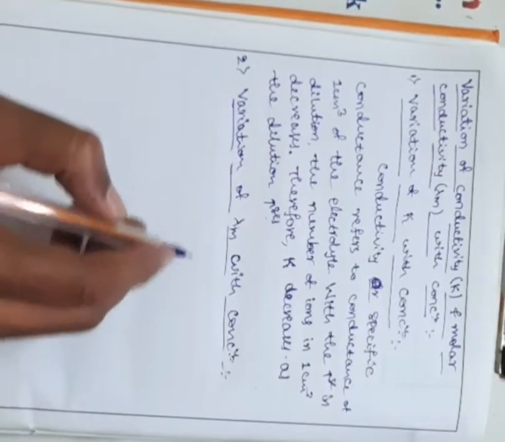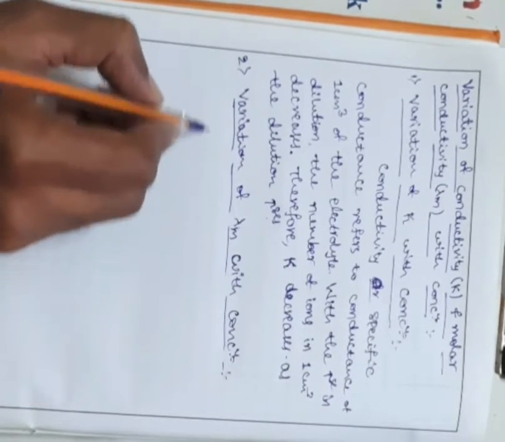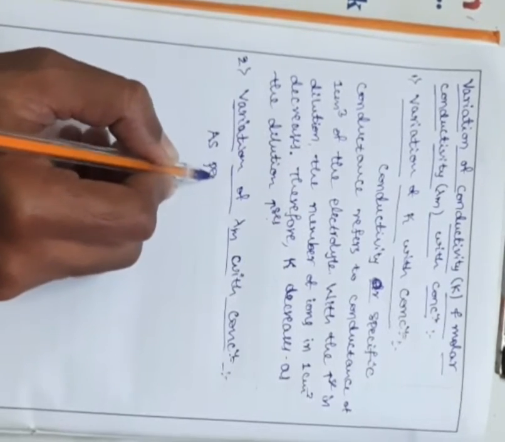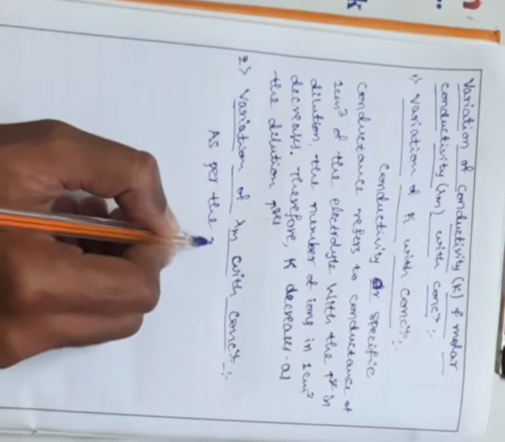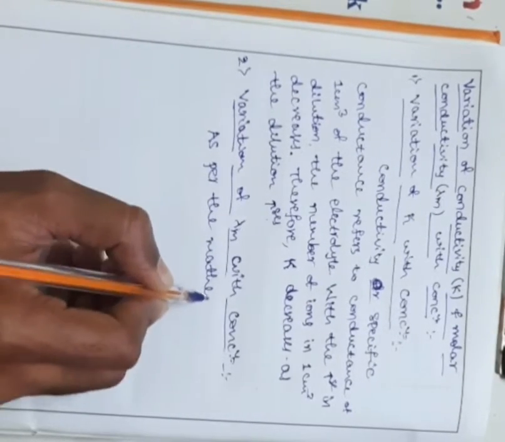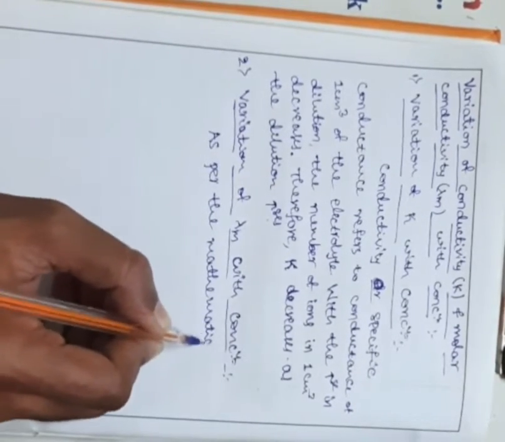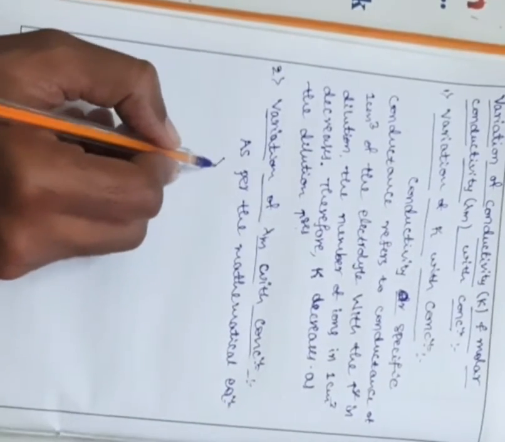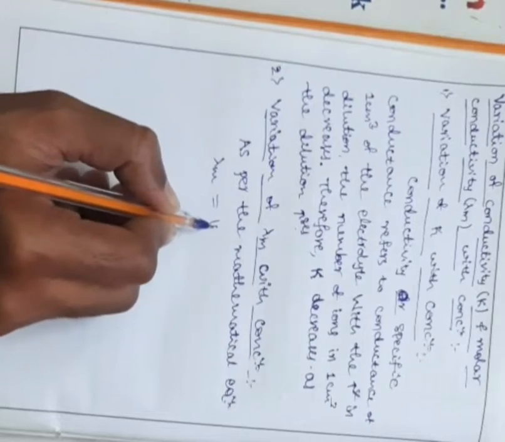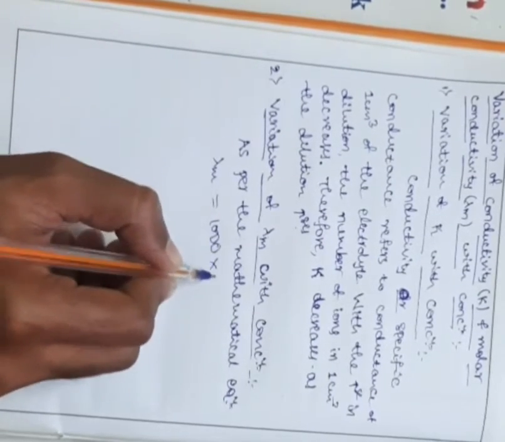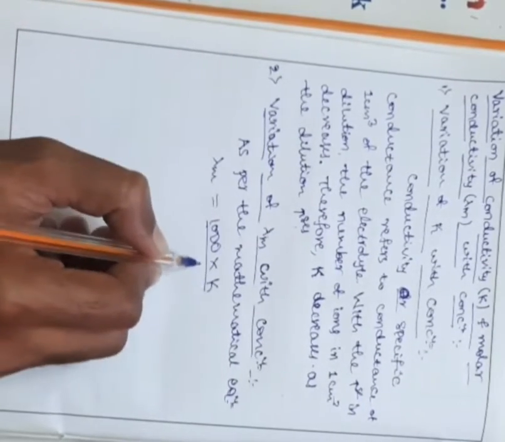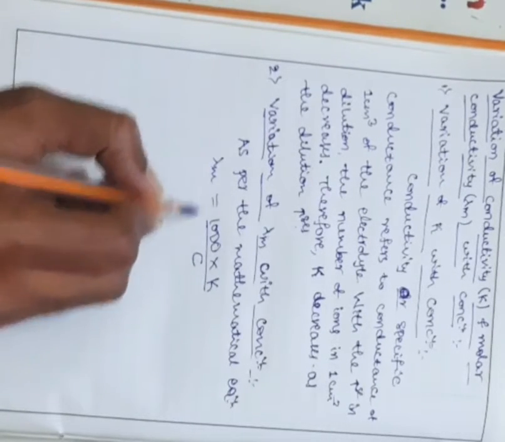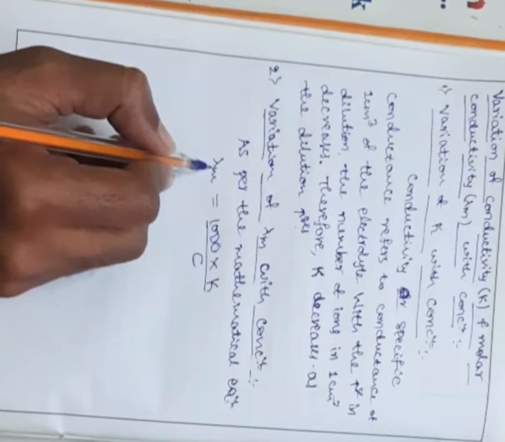As per the relation, the mathematical equation is lambda m equals 1000 times the specific conductance divided by C. This means as C increases, lambda m decreases, and as C decreases, lambda m increases.